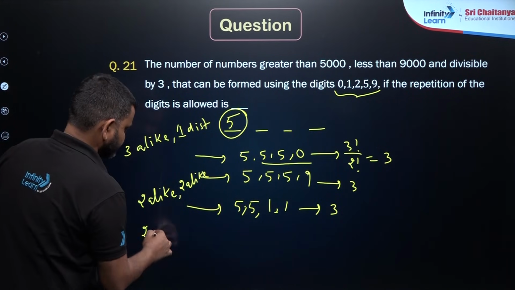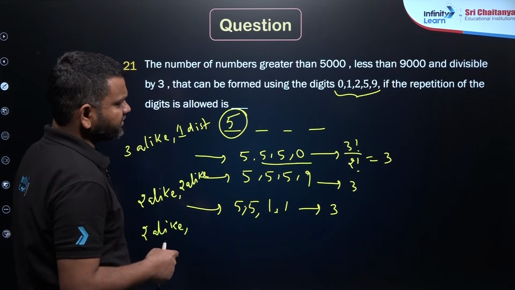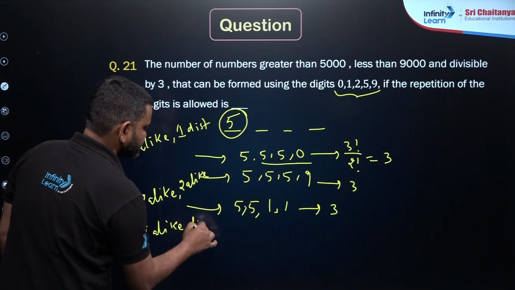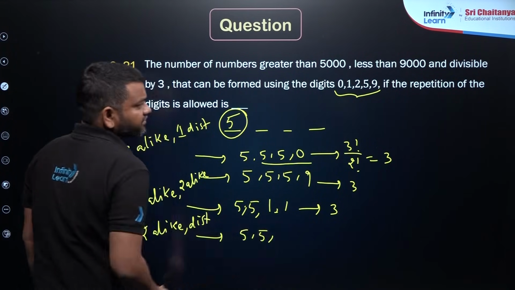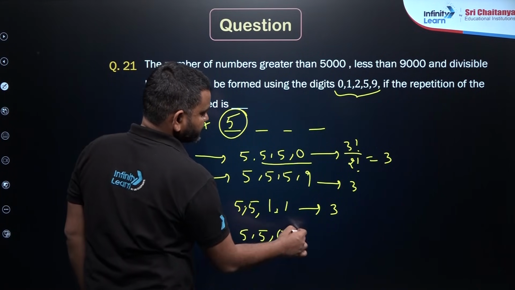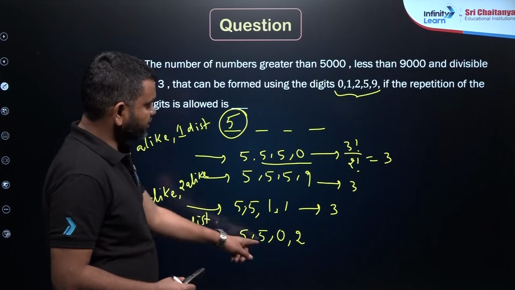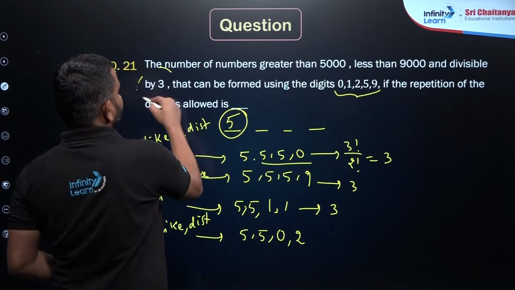So 2 alike, and 5 comma 5 if I am taking, I want to write the remaining distinct ways. So here I can write 5 comma 5, and you can choose 0 here and you can choose 2. So this is going to be 10 and 2, because you are looking for the multiple of 3.